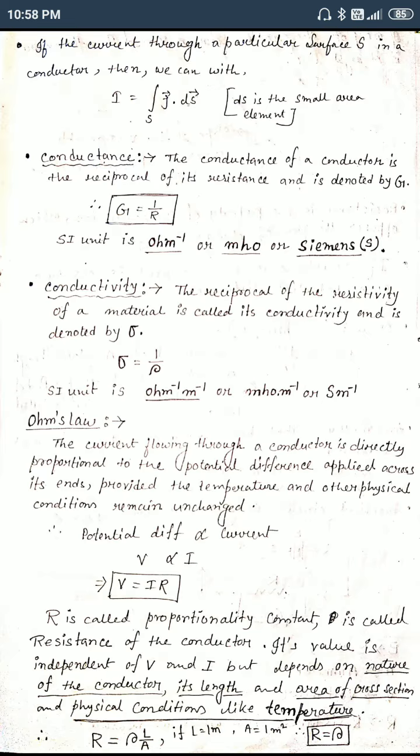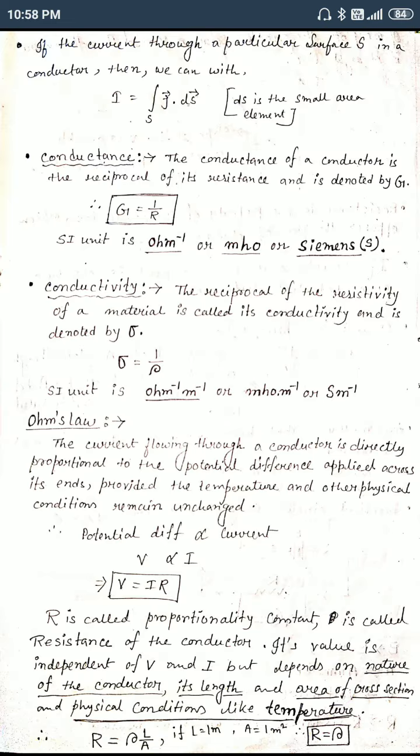Resistance resists the flow of electric current, so its reciprocal tells how much the conductor will conduct electric charges. That's why the conductance of a conductor is the reciprocal of its resistance, denoted by capital G. Capital G equals 1 by R.